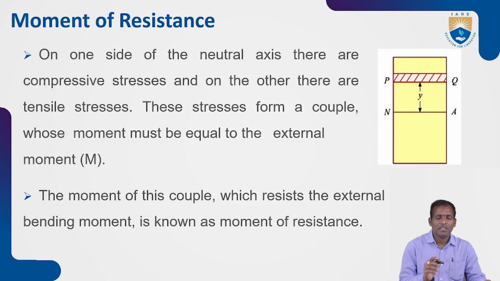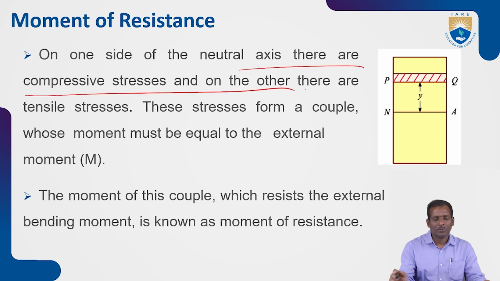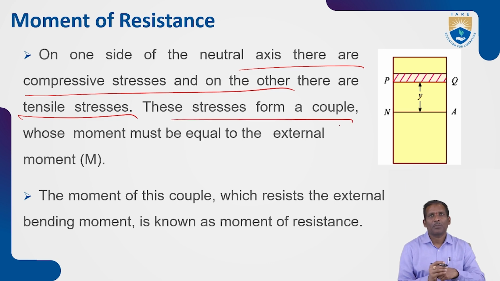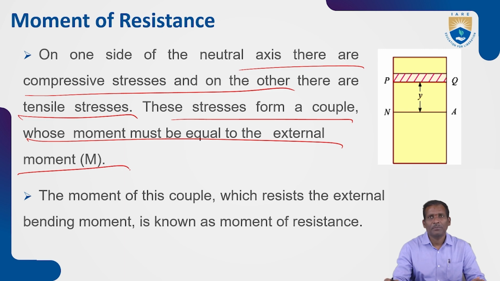Moment of resistance means that on one side of the neutral axis there are compressive stresses, and on the other there are tensile stresses. These compressive and tensile stresses form a couple whose moment must be equal to the external moment, that is M.